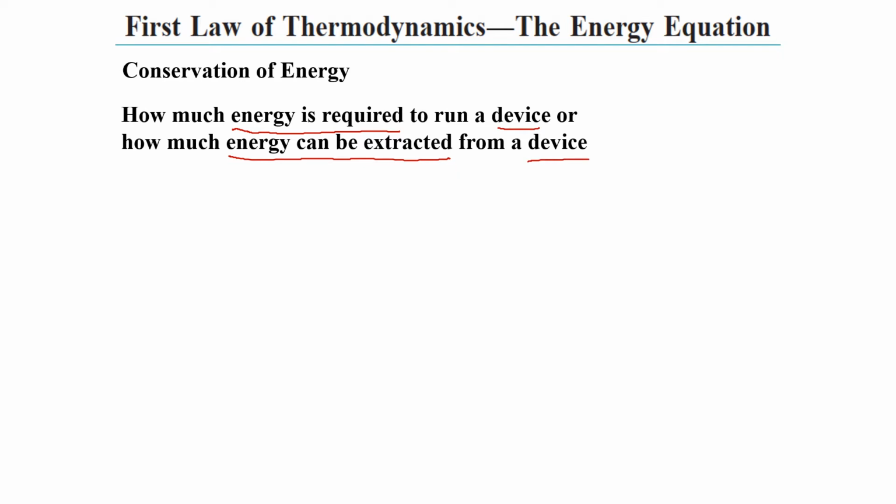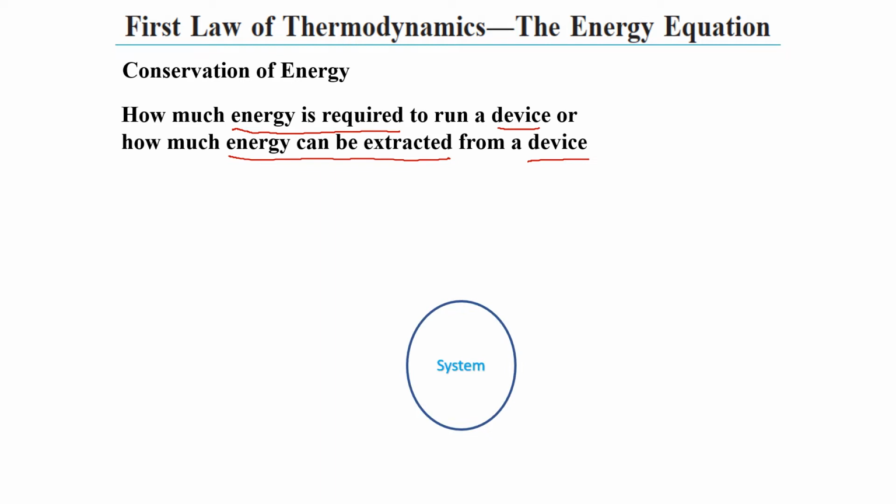I gave you two examples: the energy required to run a pump, and the energy that can be extracted from water to run a turbine and generate electricity. So you can correlate those two examples.